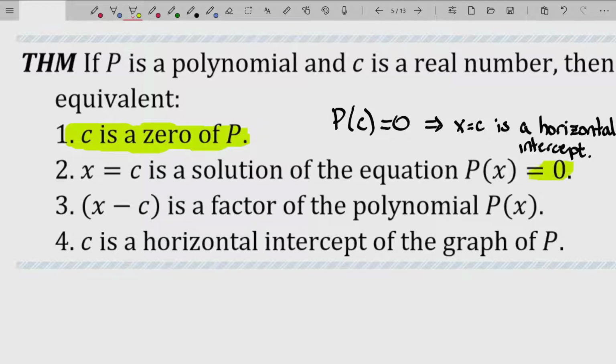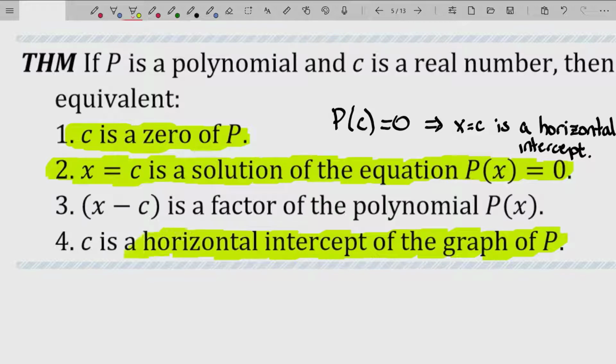So x equals c is a solution to p of x equals 0. In other words, p of c is equal to 0. And the fourth one, c is a horizontal intercept of the graph of p. So those three right there are pretty obvious just from our definition.